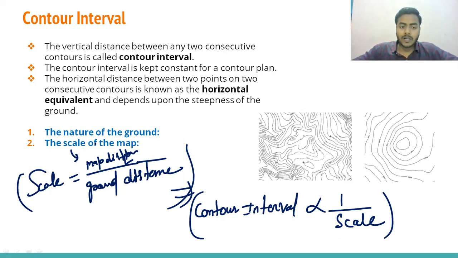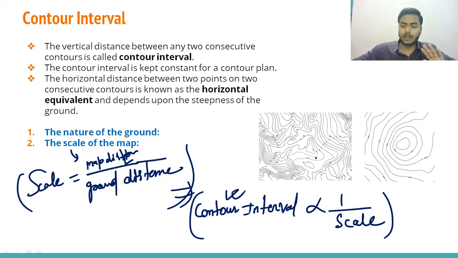Because we are talking about ground distance. When the scale is large, it means the ground distance represented on the map is lower. So when the ground distance represented is lower, we have to take a lower contour interval. Are you getting my point?